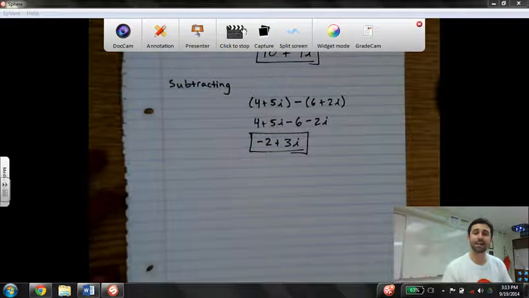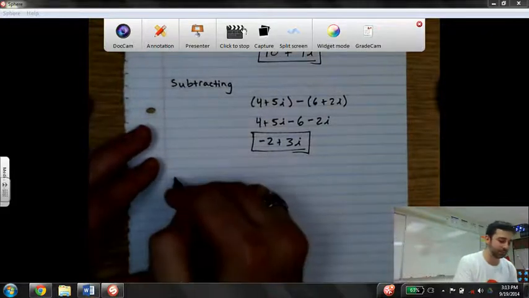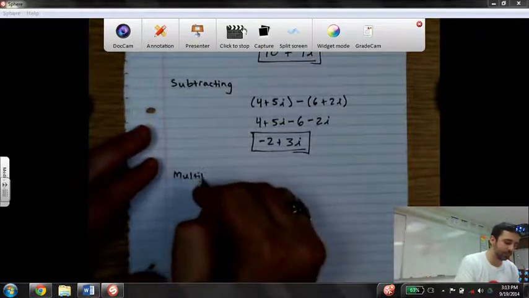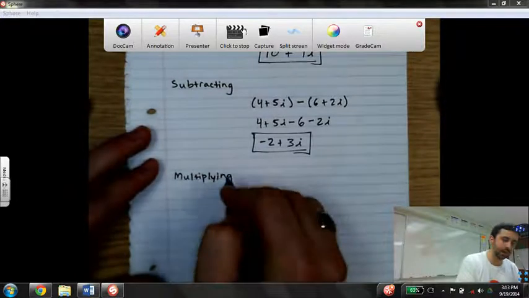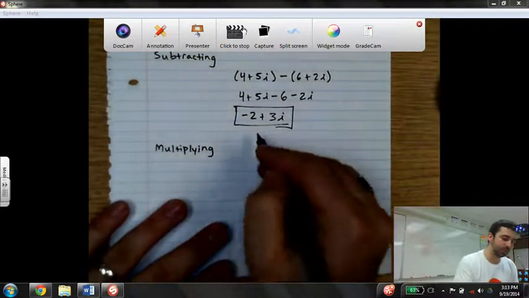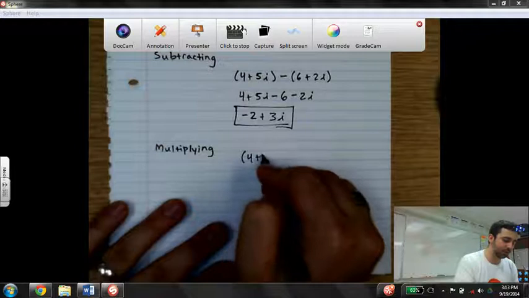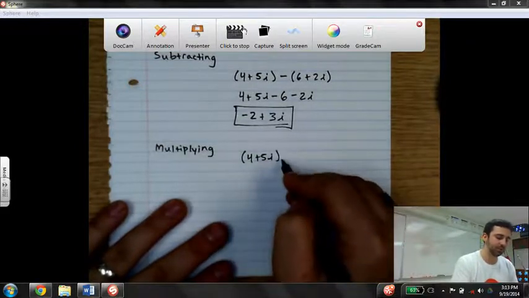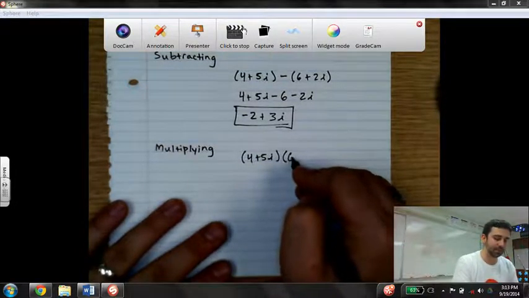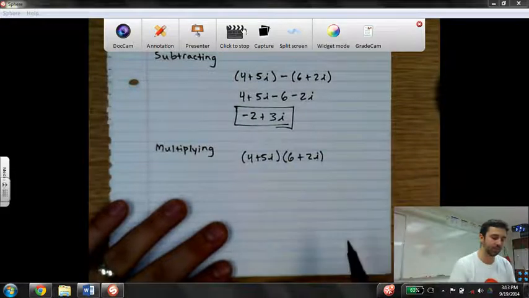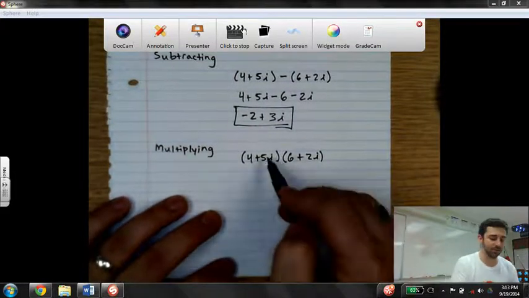The last operation we're going to talk about in this video is multiplying complex numbers. So once again, using the same numbers, 4 plus 5i times 6 plus 2i, we're going to essentially FOIL it.